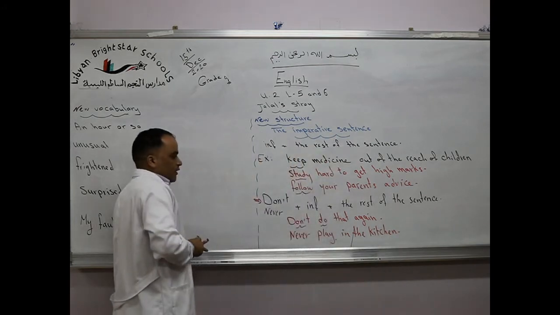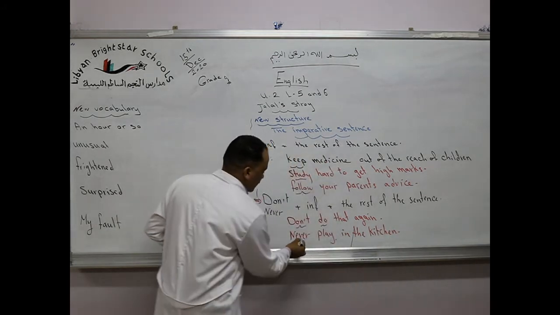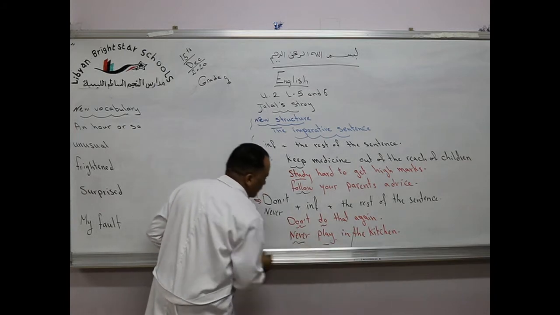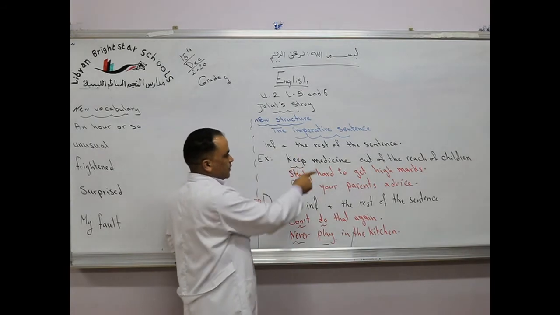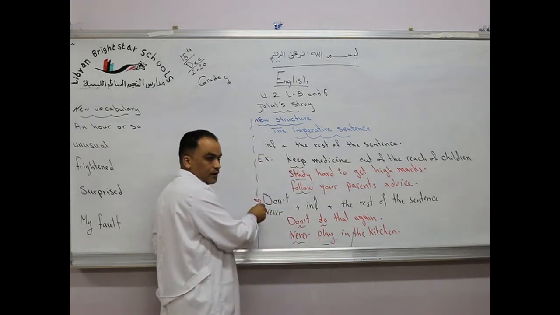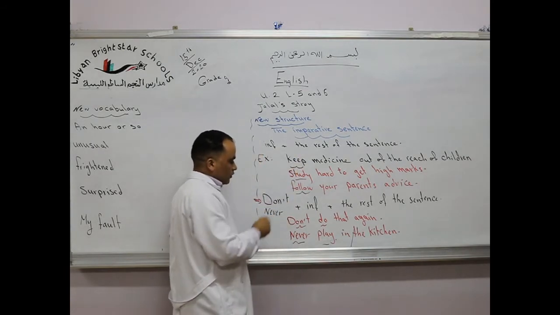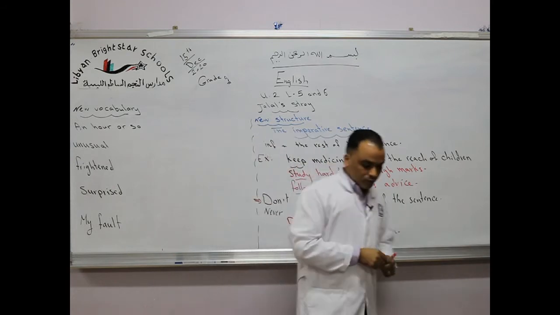Never here is followed by the infinitive form play. Again, the imperative sentence: infinitive plus the rest of the sentence. In negative form, don't or never plus the infinitive form.